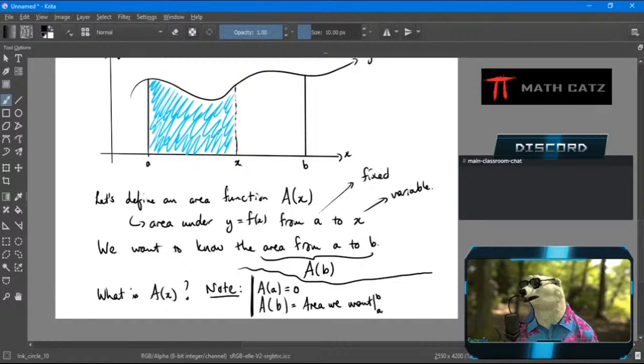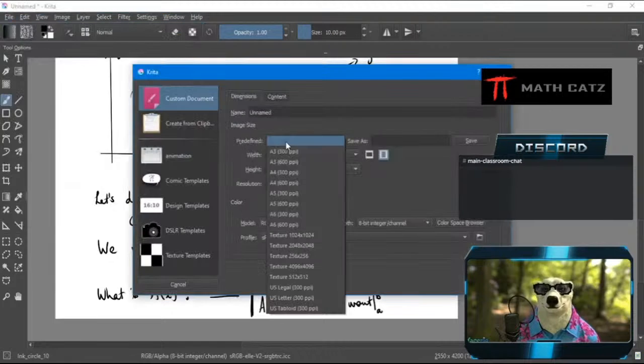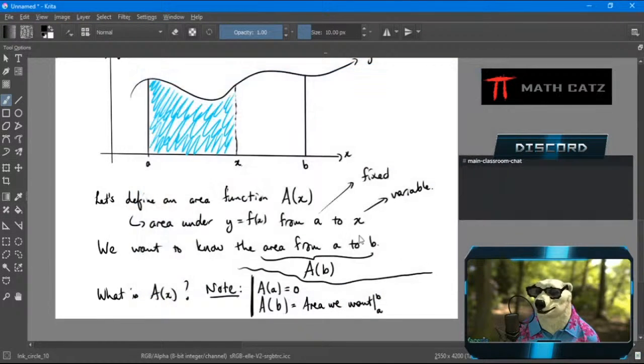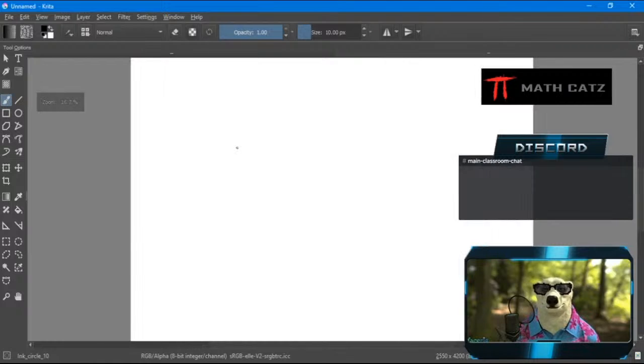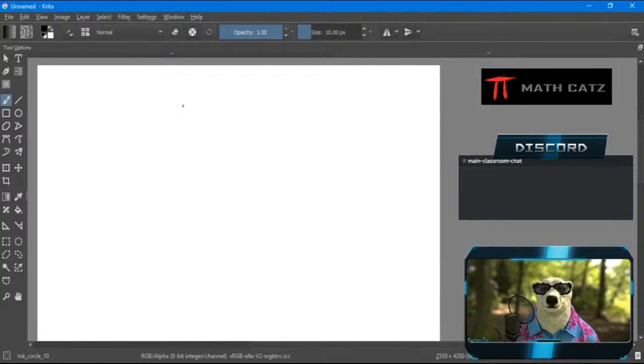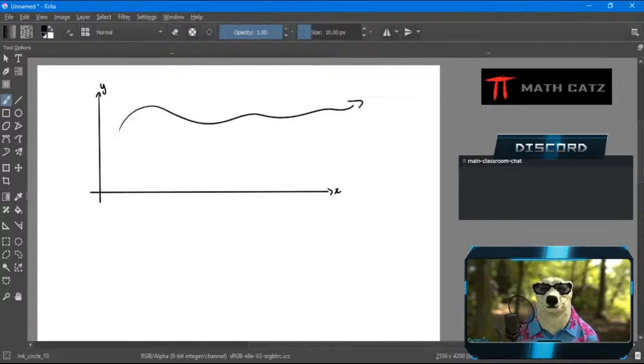So let's make a new page here, and let's figure out how we can make sense of this area. I'm just going to redraw this so that one sketch doesn't get too cluttered. I'm just going to copy this, whatever the area may be, coming from my function, or whatever the line may be coming from my function.